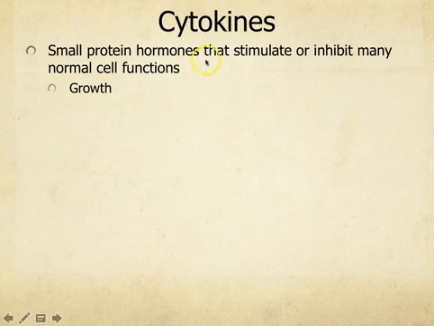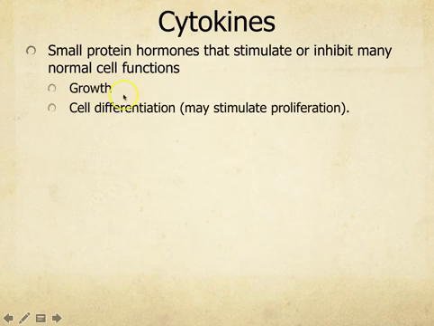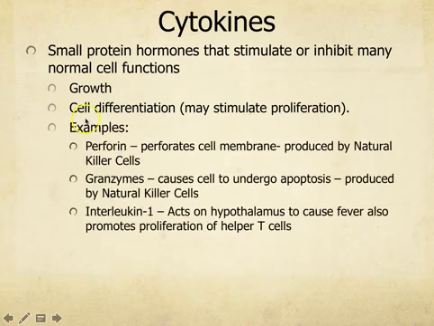Okay, but they're definitely chemical messengers that stimulate or inhibit many normal cell functions. So things that they will do is they'll increase growth and cell differentiation. So basically, they're going to stimulate that as well as cell division. Some other examples are perforins, the granzymes, we've already seen that, and again, that interleukin-1.